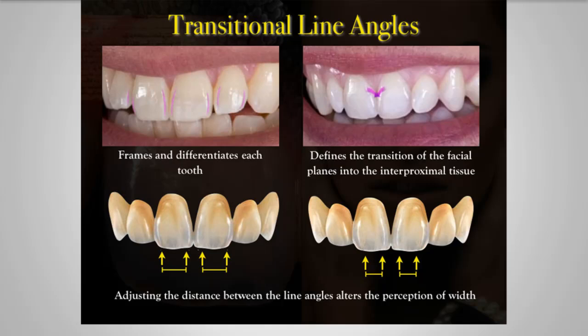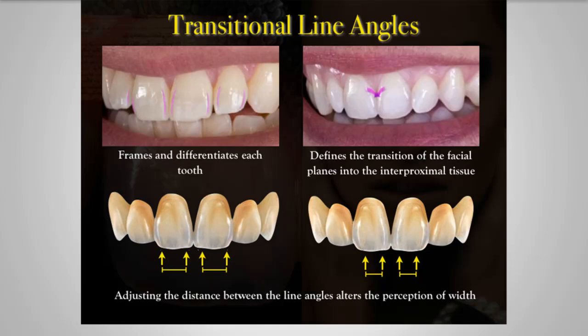Many of us, I'm sure this is review for a lot of us, but the other issue that is important, and it's more important than defining where the developmental grooves or the actual developmental lobes are, is where you place the reflective line angle. In other words, the zenith, or the highest crestal point of polish on these mesial and distal lobes, the so-called transitional line angles.